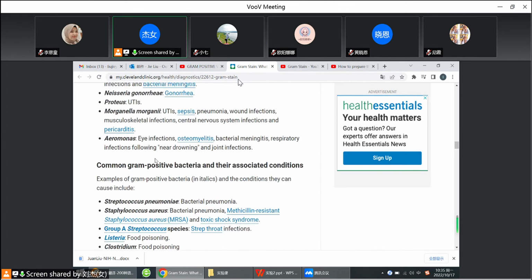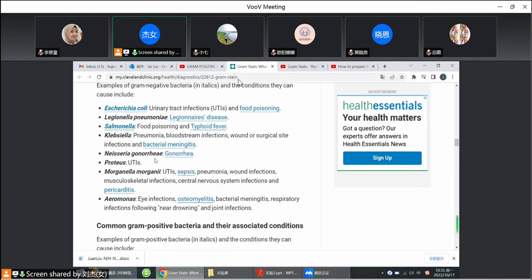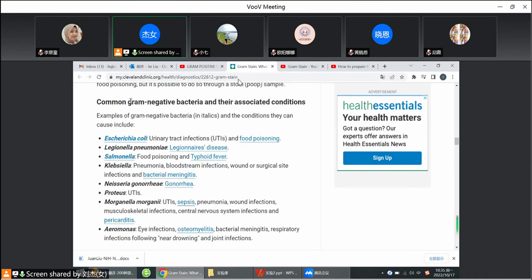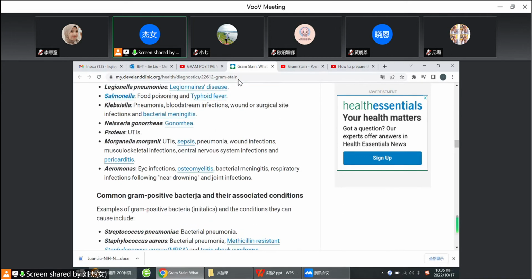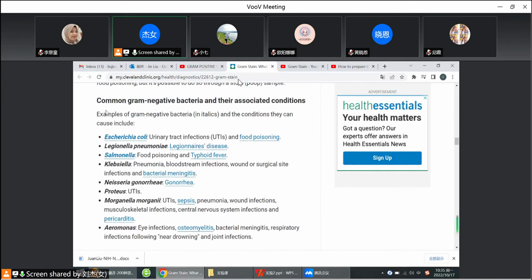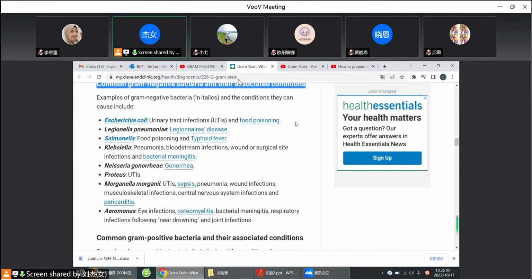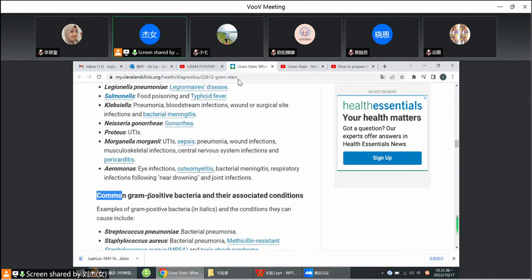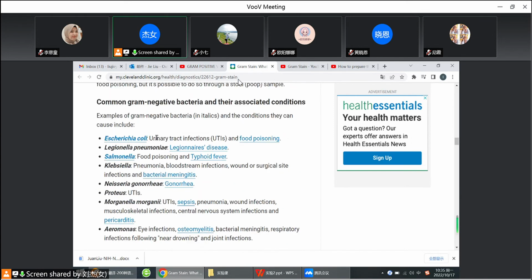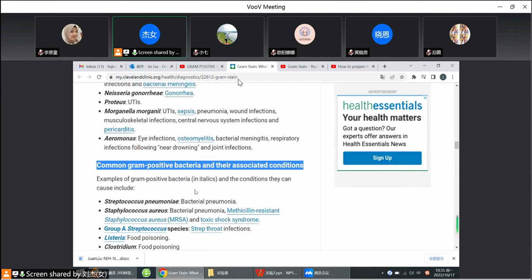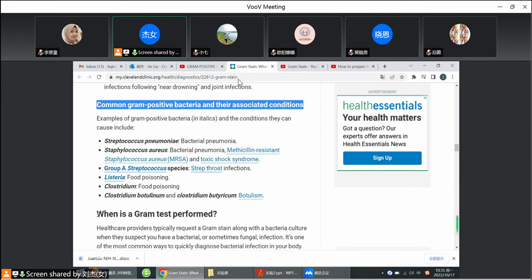So the gram staining just helps us to distinguish the gram-negative and the gram-positive bacteria. And for these two groups of bacteria, we will remember the most common species which belong to different groups and the diseases caused by them.